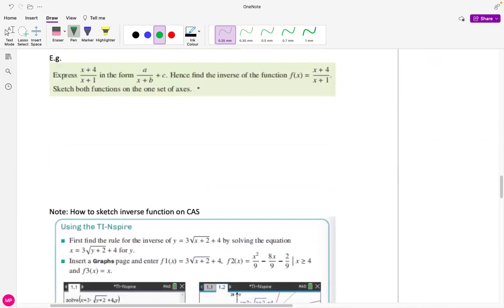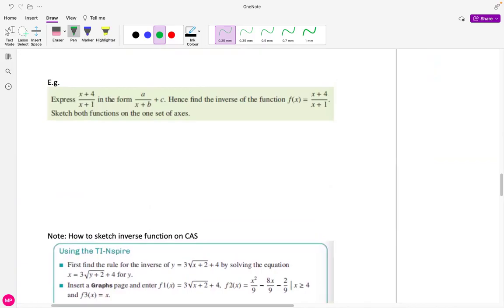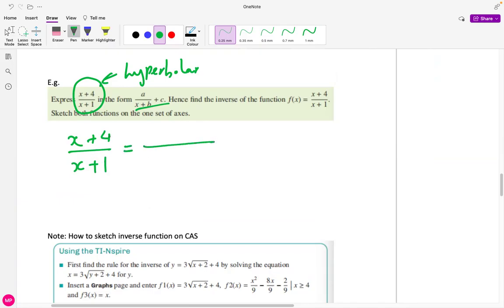Okay. Now, just one thing, when you have these types of questions, (x + 4)/(x + 1), this is actually a hyperbola. So how do we convert this to hyperbola format? There are two ways to think about it. You can use long division or you can do this method. If you have x + 1 here on the top, the number 4, you're going to break it into 1 and 3.